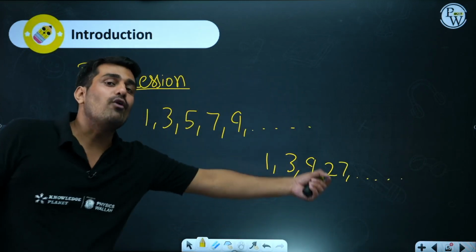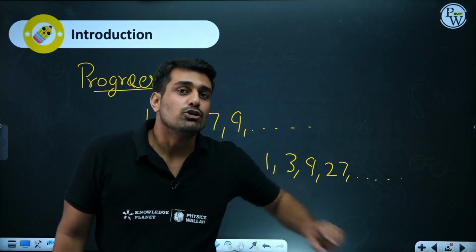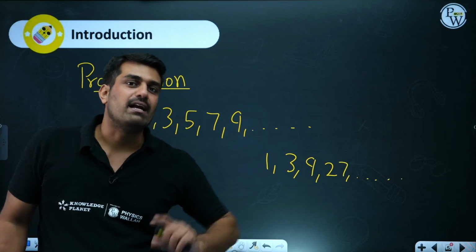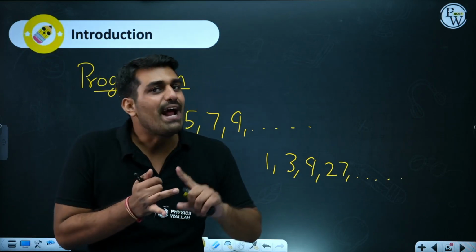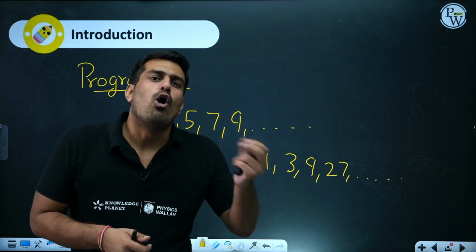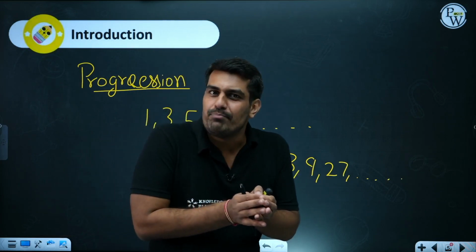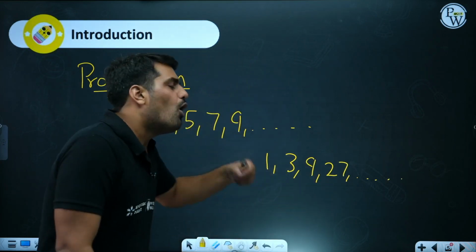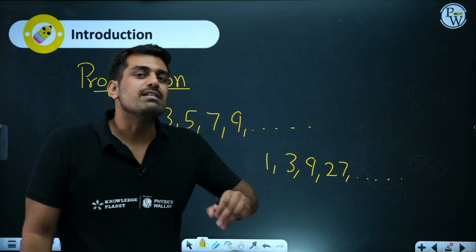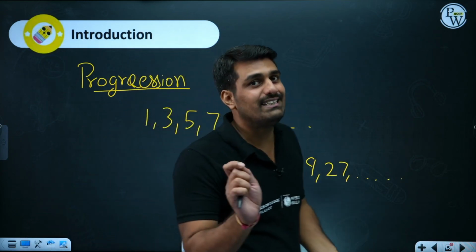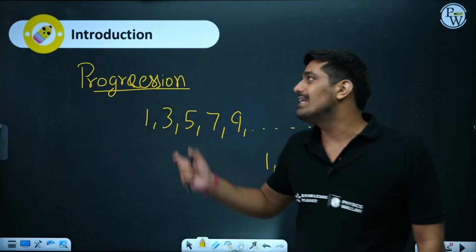With each following term, I am multiplying by 3. So there is a fixed pattern. Either I am adding or I am multiplying. Adding or subtracting are basically the same. So adding, subtracting, multiplying or dividing to get the following term is what progression is. This kind of pattern is called a progression.